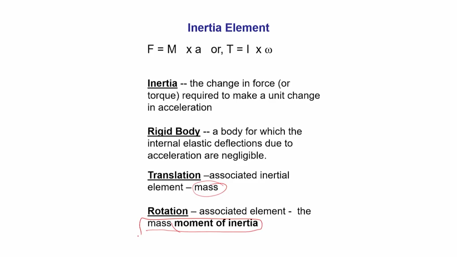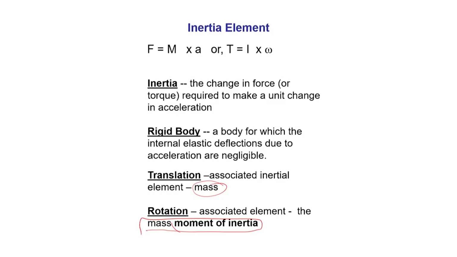Keep in mind that earlier we talked about the area moment of inertia, which is required for bending resistance or strength, or for a column's resistance against buckling. Now we are talking about the mass moment of inertia, which is important for storing the kinetic energy of the system. Actually, each one of these elements is either an energy storage element or an energy dissipating element.